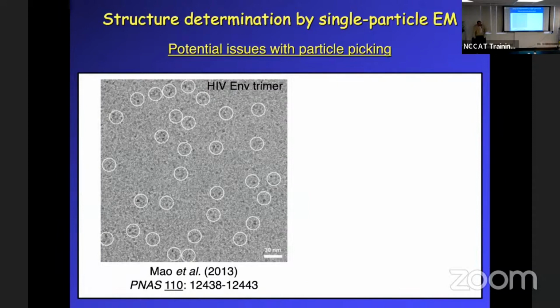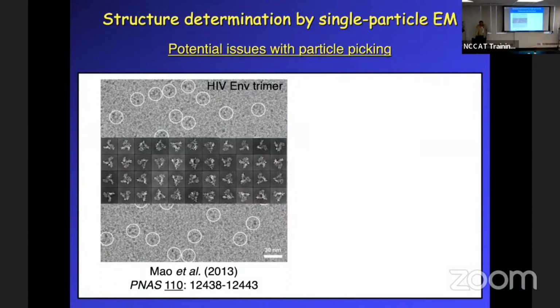And so people got very excited about this, not the real electron microscopists, but the rest of the world thought, well, you now can do atomic structure with this. But if you looked at these images, you can really hardly see anything. But then when you look at the 2D averages that they showed, they were incredibly detailed. And so with those, they were able to get the 2 angstrom structure.